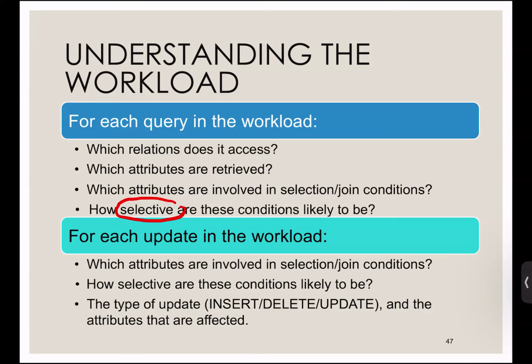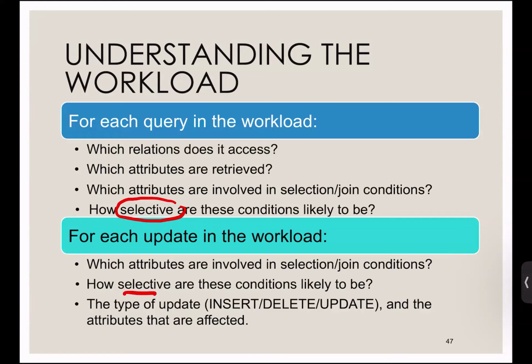Okay, but if it's very selective, meaning that out of a million data records you use the index to look for one or two things, then you can gain a lot of benefit from the index, right? All right, so selectivity is really important.